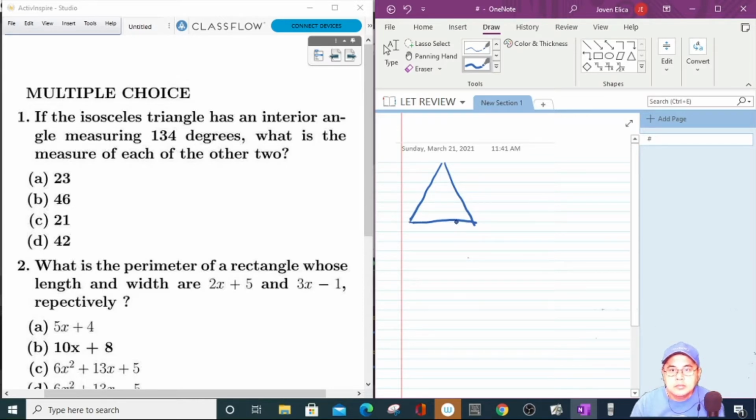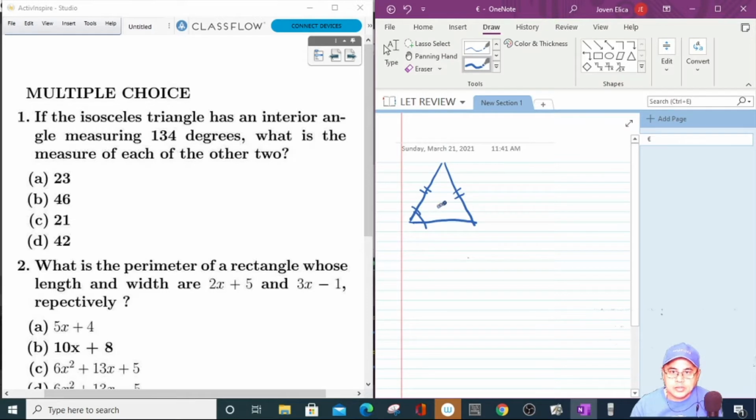The important properties of an isosceles triangle are, number one, the two sides of an isosceles triangle are congruent. That means they are equal. And opposite to the congruent sides, the angles are also equal.